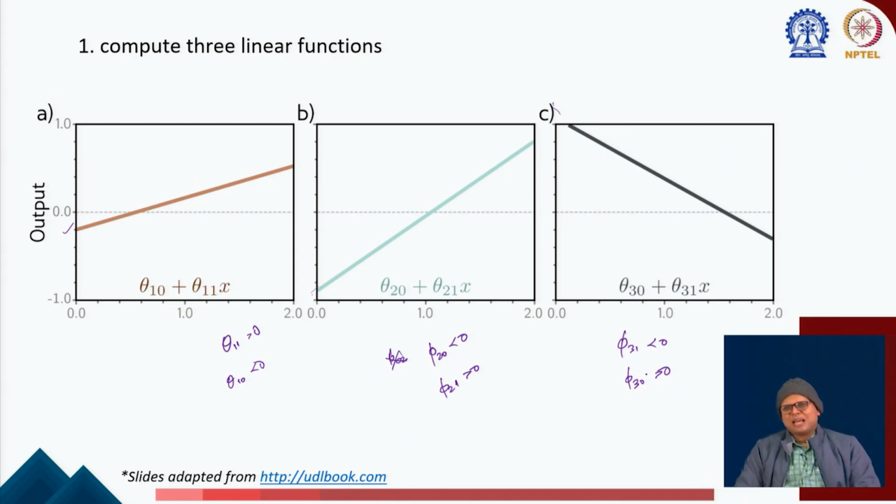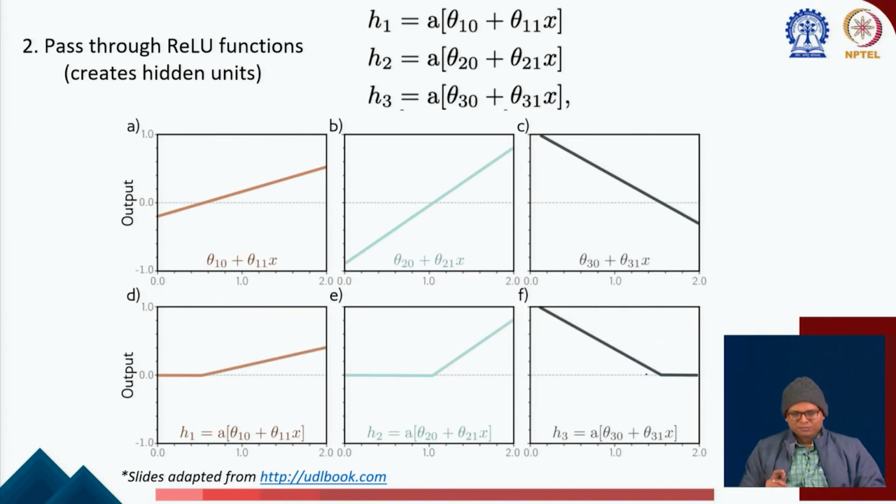Now, what actually happens when I apply the shallow neural network? First thing I do, I have a nonlinearity imposed on that, right? So theta 1 0 plus theta 1 1 x is good, but then I have a nonlinearity ReLU. So what will ReLU do? All the negative things will go to 0. So you see now immediately this is no more a line, it's a nonlinear curve with 2 regions.